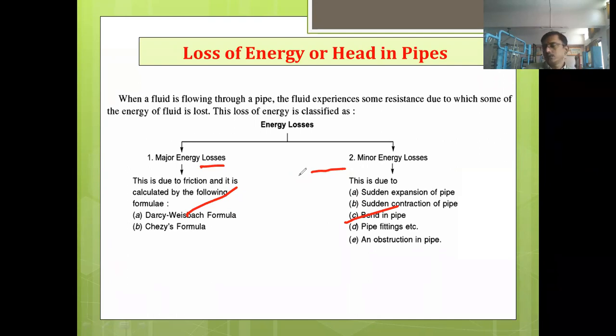All of you have written this tree diagram: energy losses, major loss, minor losses. Is it over?